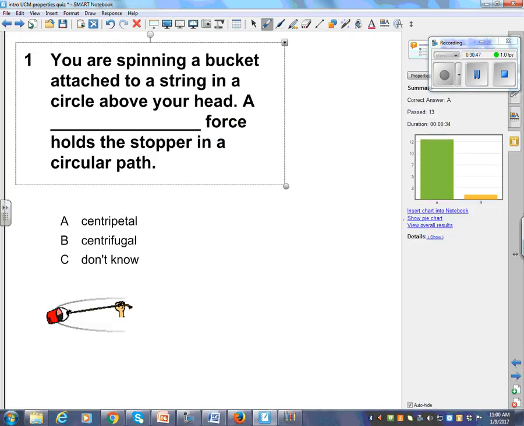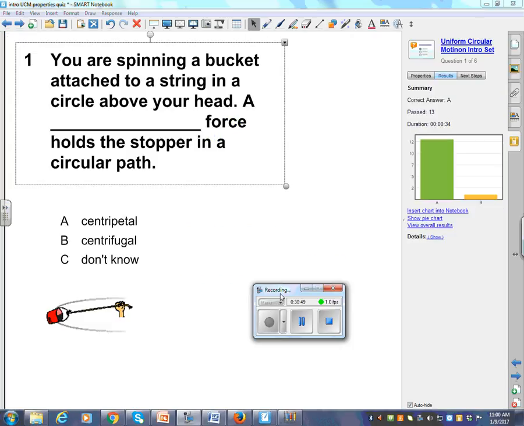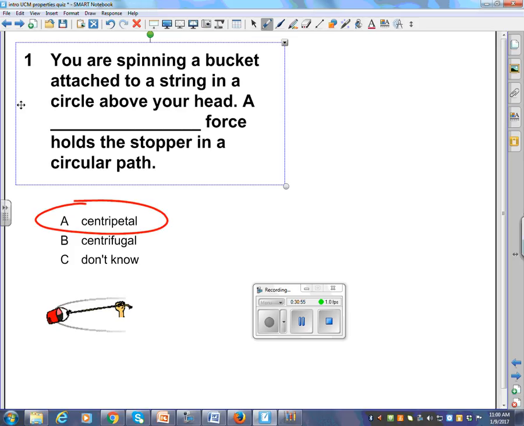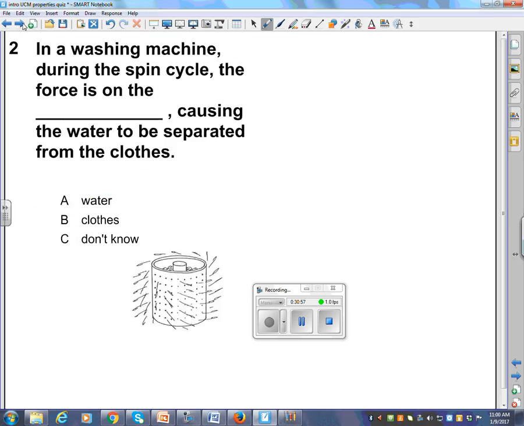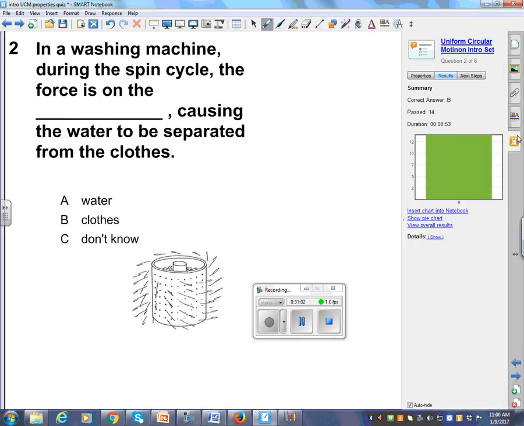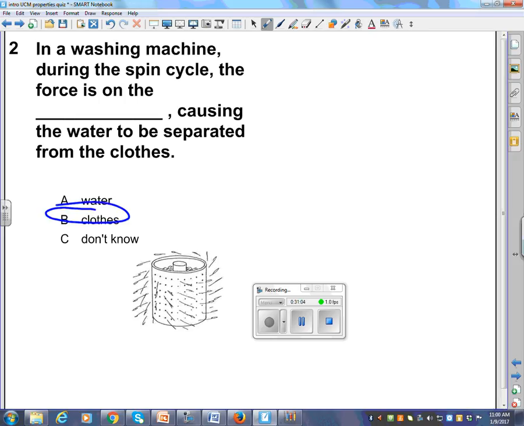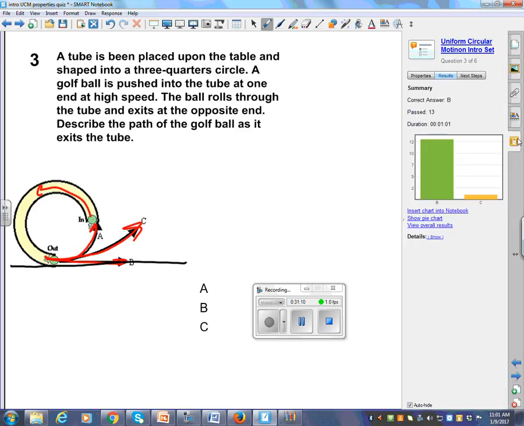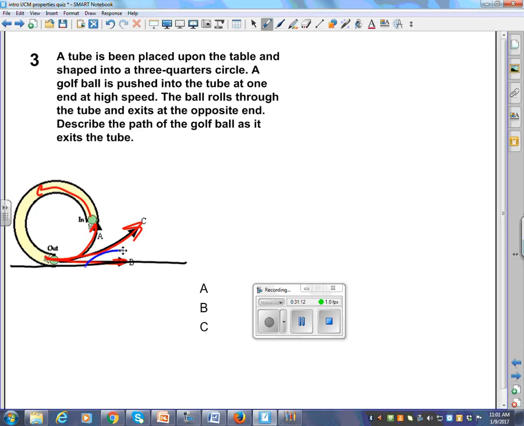Okay, so the correct answer here is centripetal. Another centripetal. Which one is it here? The force is on the clothes, not the water. Here, which way is it going to go? B, flat. The velocity is tangent to the circle. So the velocity is tangent.